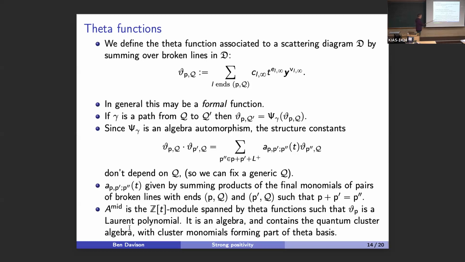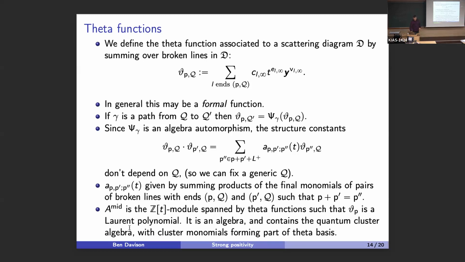I said it earlier, but now let me define A mid. This is the Z[t] module spanned by theta functions such that these things are Laurent polynomials. When you see this definition, you think this thing might just be empty. The arbitrary scattering diagram can be incredibly unpleasant, so maybe these functions are just always formal. Well, it isn't. It's an algebra which contains the quantum cluster algebra.